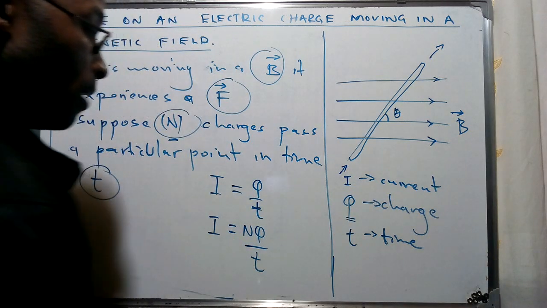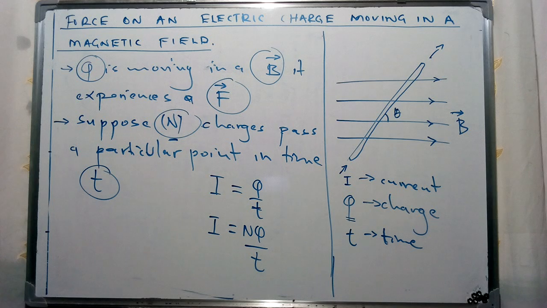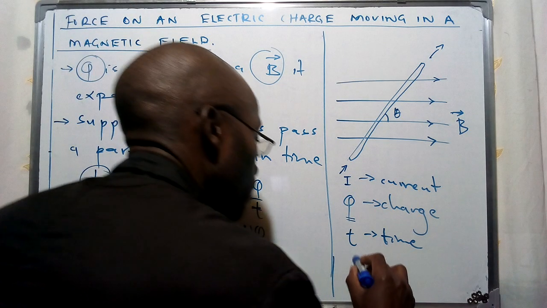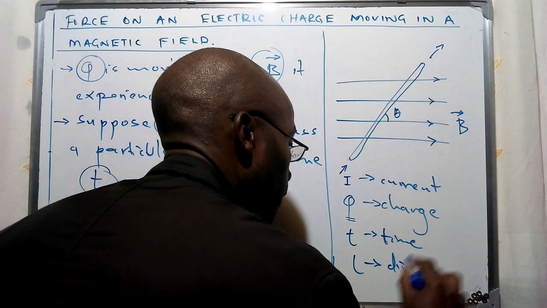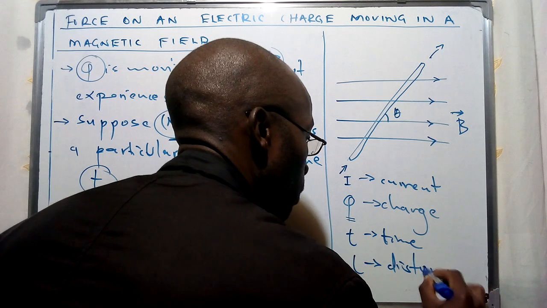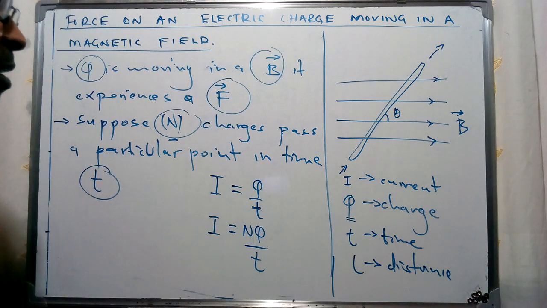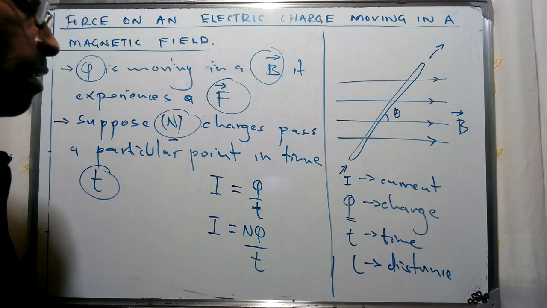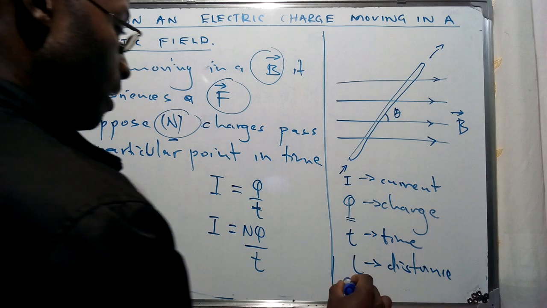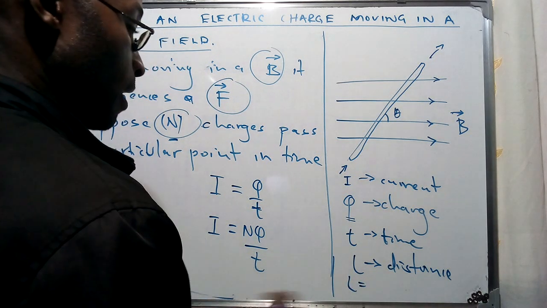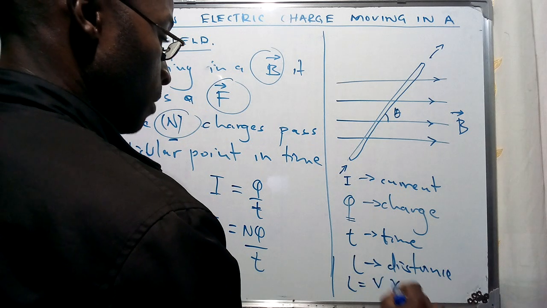So suppose we have this specific amount of charge that is going to travel through a distance given as L. We can incorporate distance as a factor in this specific case from a study of mechanics, whereby distance basically is defined as the product of velocity times time.